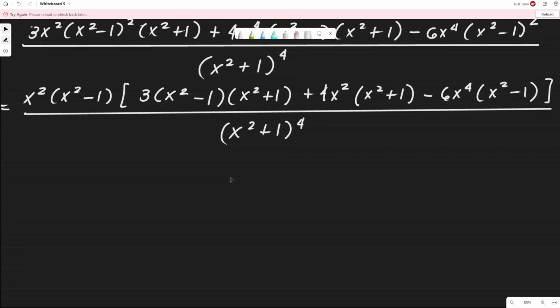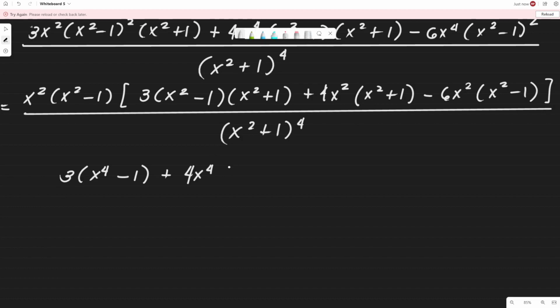Okay, so we have 3 times x to the fourth minus 1, then plus 4x to the fourth, sorry, this is squared.